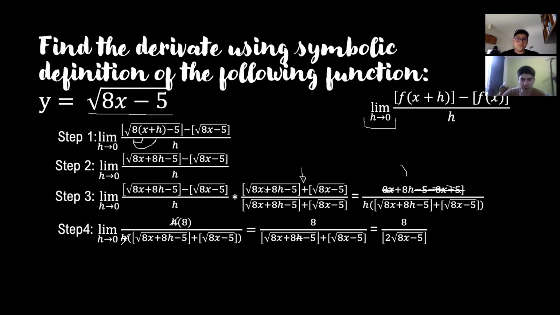So here it would mean that 8 times h would be 0, and we can cancel that out, and the answer will give us the square root of 8x minus 5, all in the denominator, plus the square root of 8x minus 5.